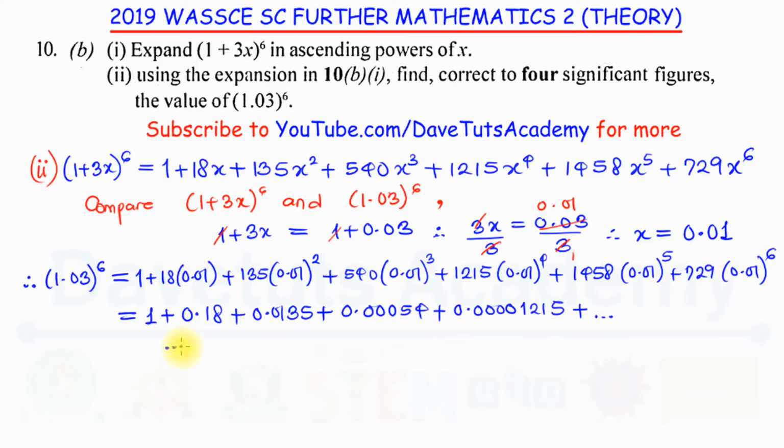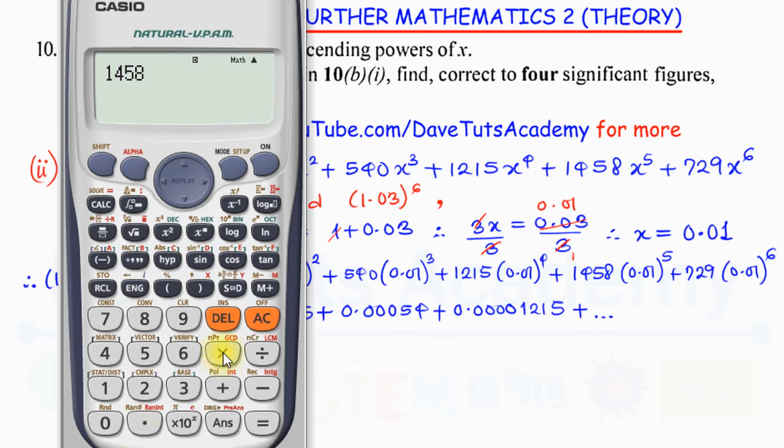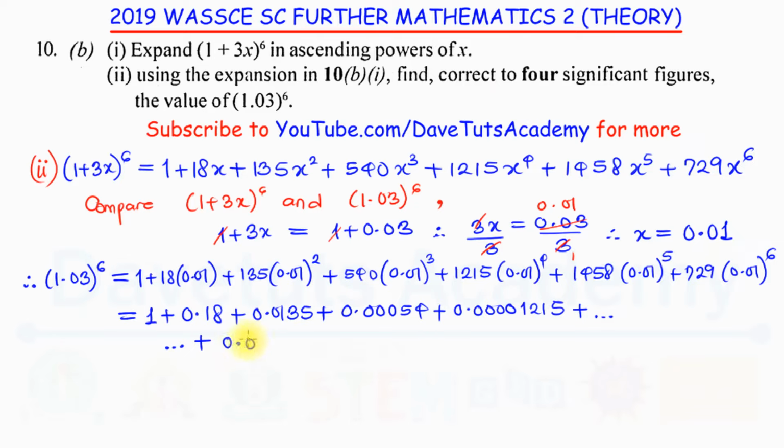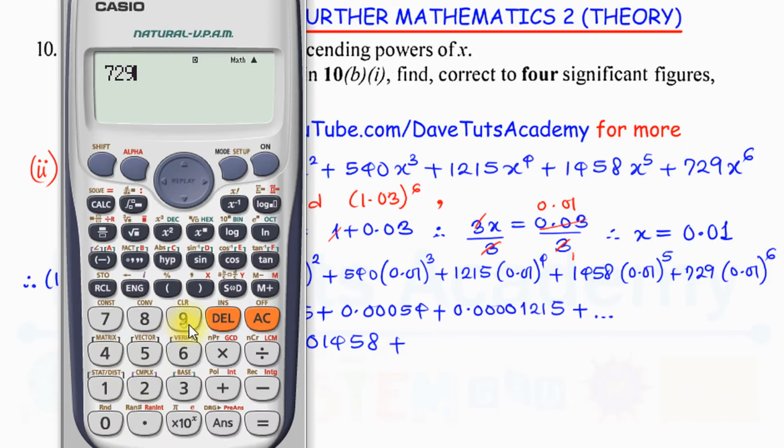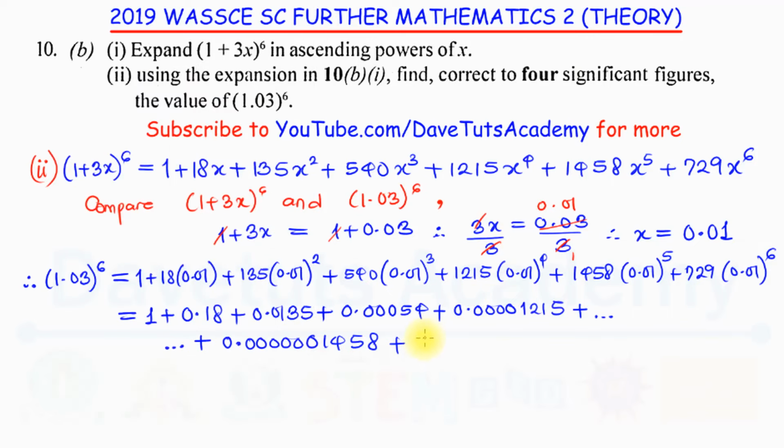Here we have 1458 times 0.01 raised to the power 5, then finally the last term, 729 multiplied by 0.01 raised to the power 6, with the 729 maintained.